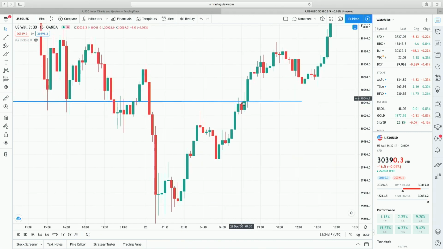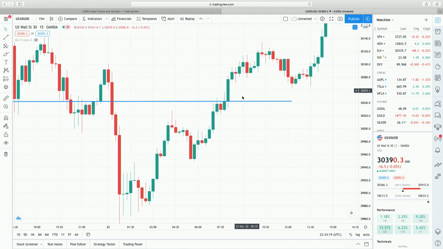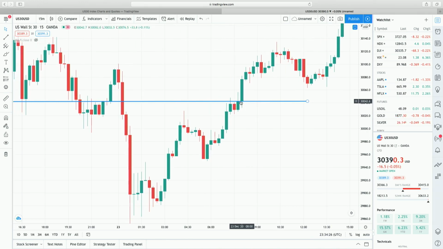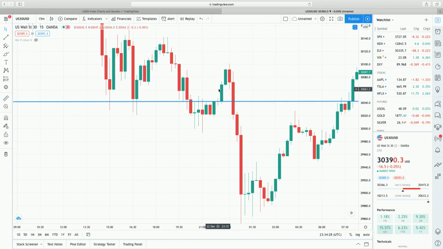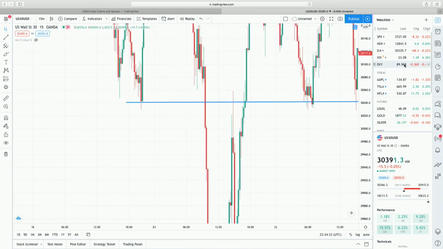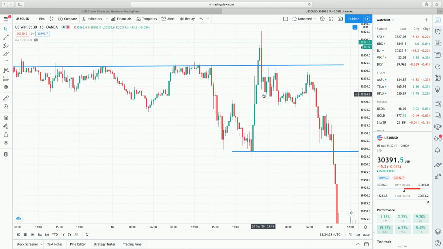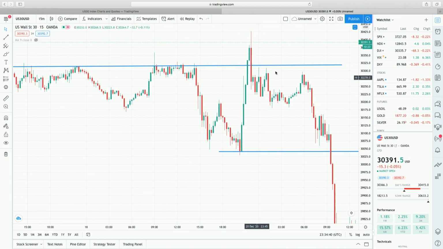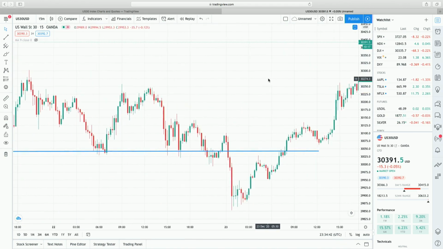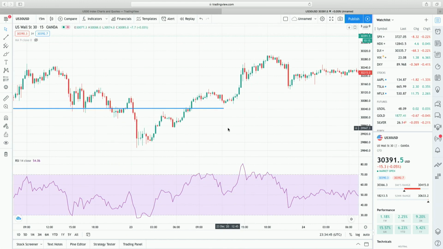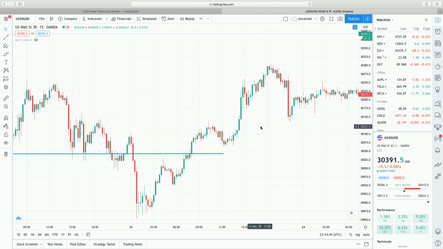You want to wait for at least 2 candles to close above it to confirm that this has now become support. Because what could happen is the situation right here, where the candle closed above and then price brought it down, or the situation we saw earlier. So you want to wait for confirmation, and also look at your RSI and your other confluences before you take the trade.